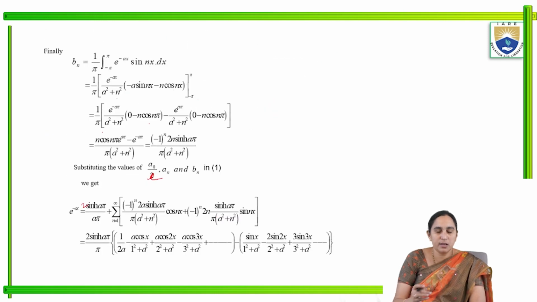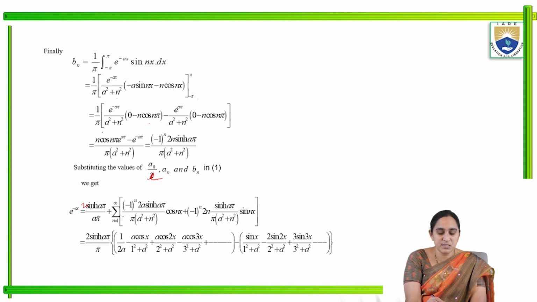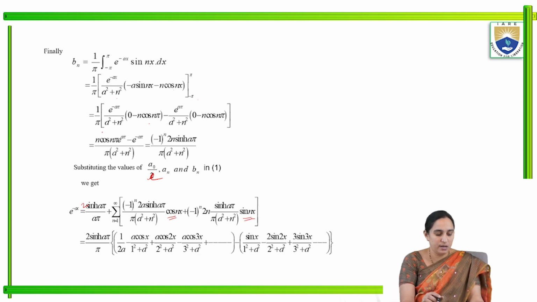After substituting, the 2 cancels, so sinh a pi by pi plus sigma n equal to 1 to infinity of minus 1 whole power n into 2a sinh a pi by pi into a square plus n square. This is the a_n value and this is the b_n value: a_n into cos nx and b_n into sin nx.